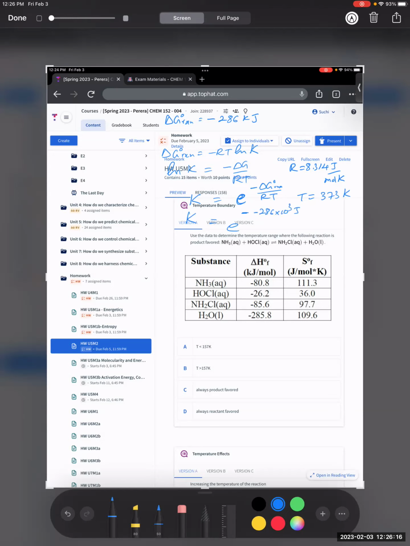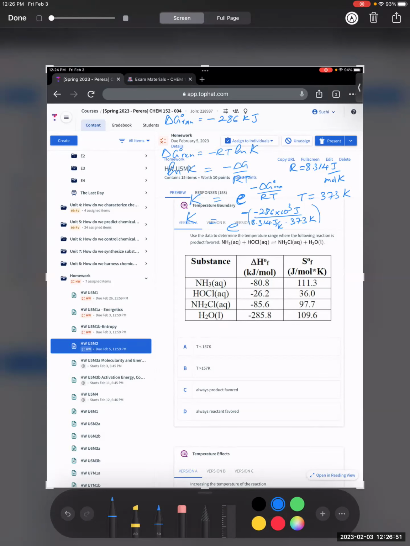I converted kilojoules to joules because my gas constant R is in joules, and then divide this by 8.314 joules per mole Kelvin times 373 Kelvin. Let's say this is per 1 mole. Now I have all my numbers.